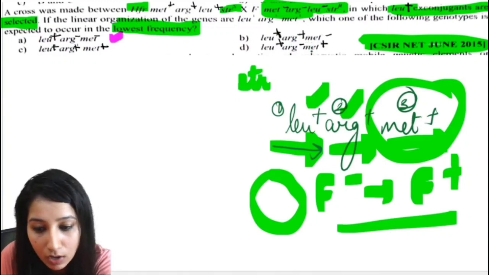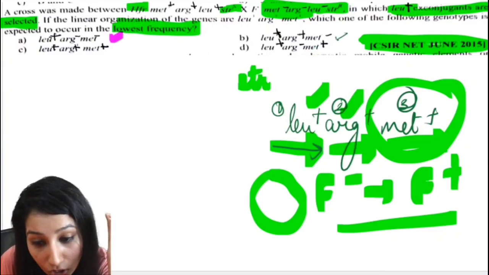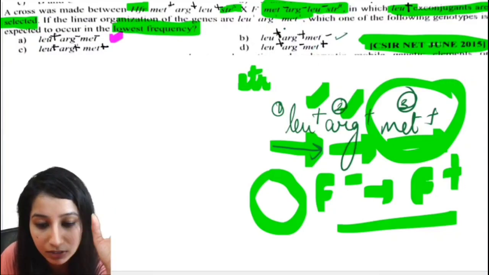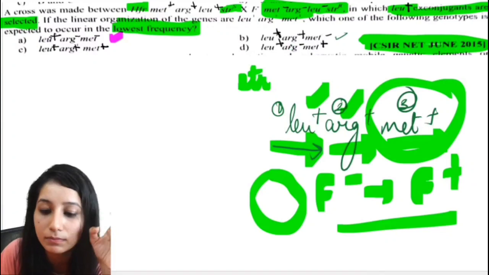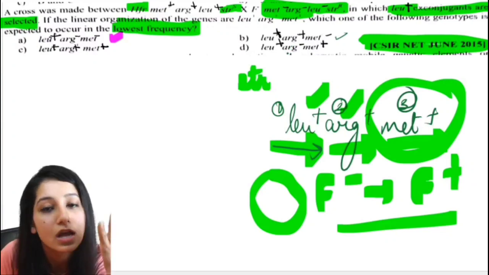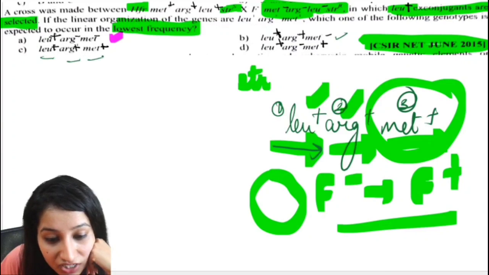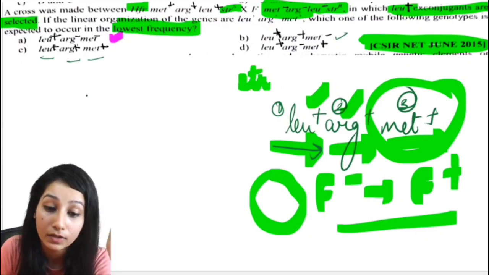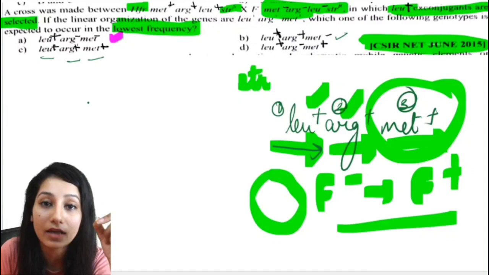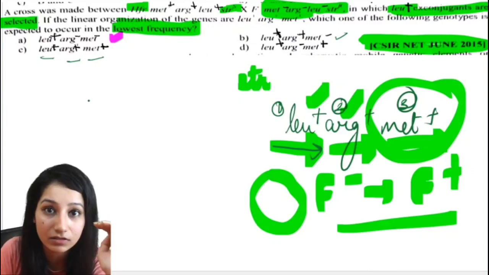This can also occur at high frequency, that leucine has gone, arginine has gone, but methionine hasn't gone because the stoppage has occurred. In the next case, leucine, arginine and methionine all are gone. This is a rare condition. This will happen at very low frequency.